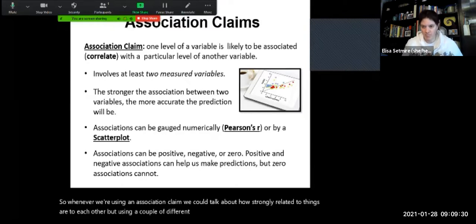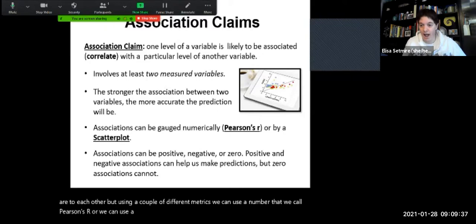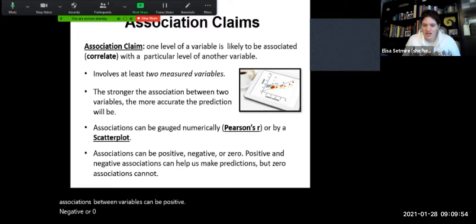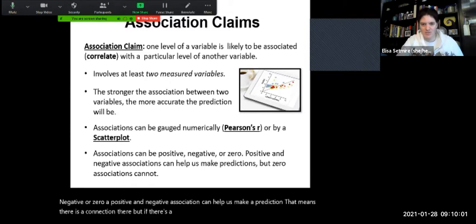We can use a number that we call Pearson's r, or we can use a scatter plot, which is typically just a graph with a bunch of dots plotted out to give us an indication of how strong a relationship might be. Now, these associations between variables can be positive, negative, or 0. A positive or negative association can help us make a prediction. That means there is a connection there. But if there's a 0 association, that means that 2 items are not associated with each other at all.